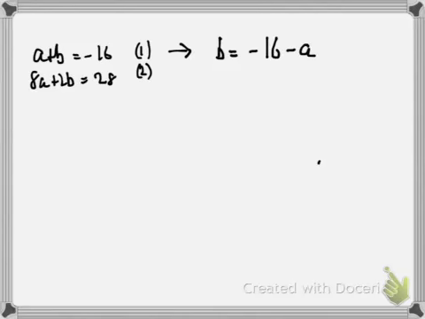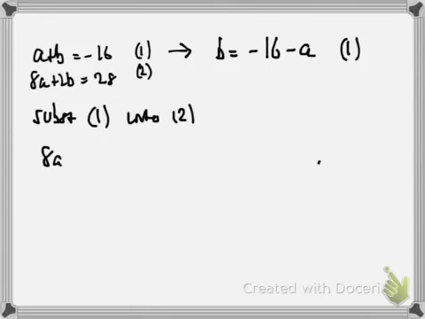So I substitute equation 1, changed around, into equation 2, and I get 8a plus 2 lots of b, where b is negative 16 take a, equals 28.